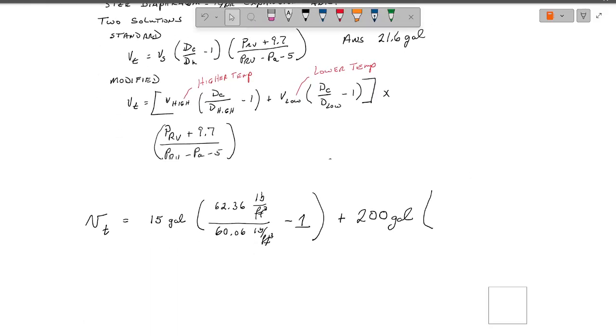Times the, well, that's a stupid way to write that example.